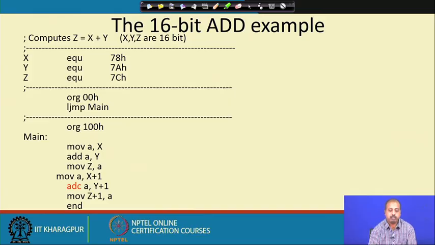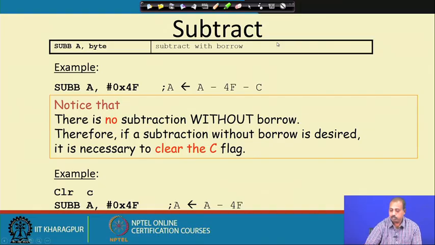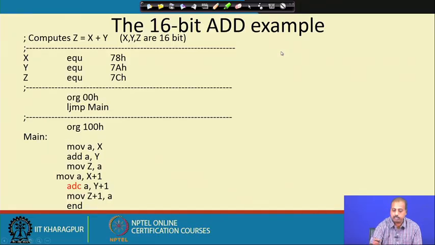So, now individual locations are 16-bit, the number x is 16-bit. We assume that at location 78 hex we have the number x.